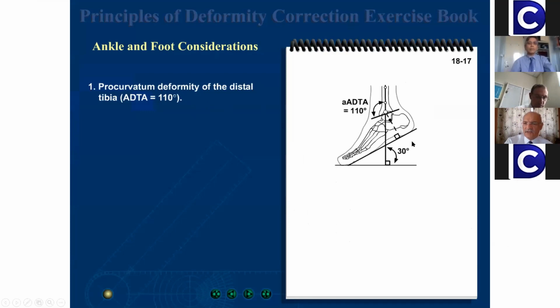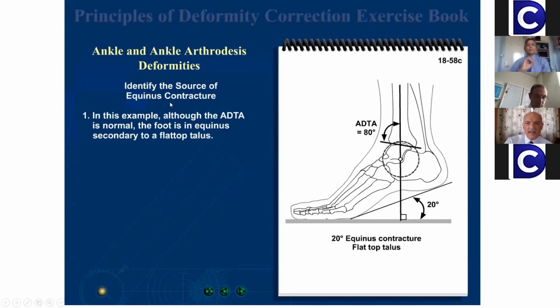As you see here, if you draw the mid-diaphyseal axis and the axis of the distal tibia, the anterior distal tibial angle is 110. So this is the site of the lesion. Again, an example. When you draw the mid-diaphyseal line and the distal line or the joint orientation line, the anterior distal tibial angle is 80.